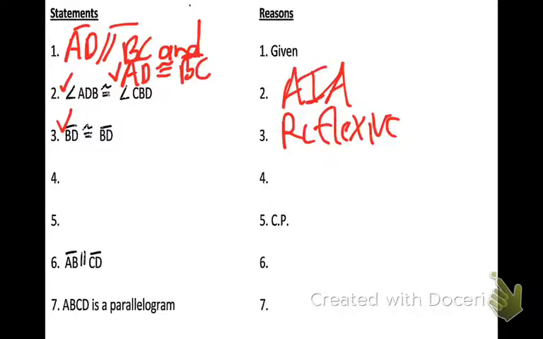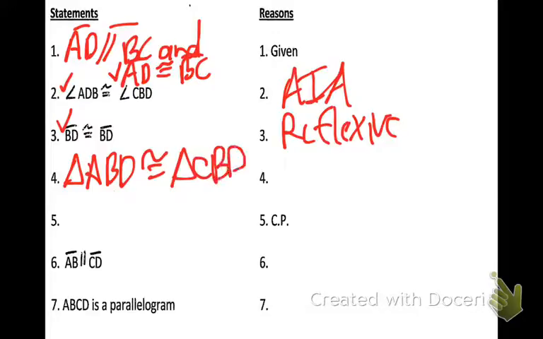I'll tell you this much, the triangles are congruent. Which two triangles are congruent? Jake. ABD and CBD. Yeah. Triangle ABD is congruent to triangle CBD by what? Side angle side. Right.